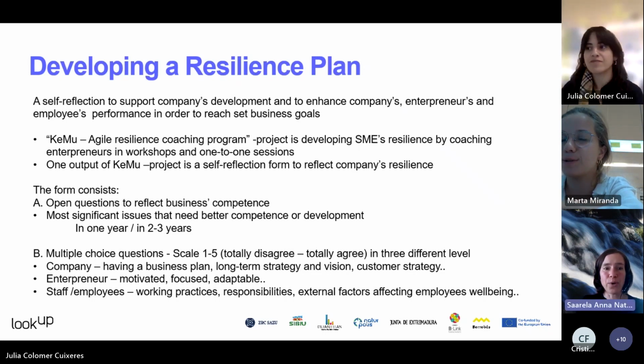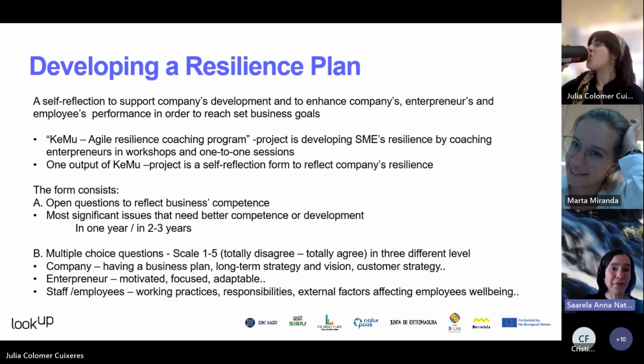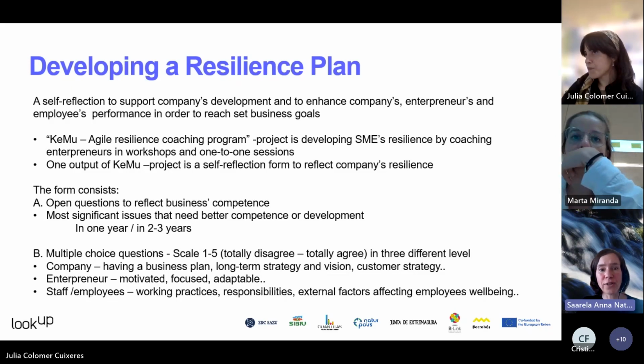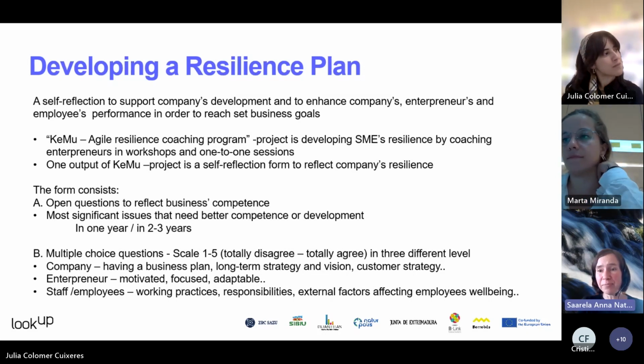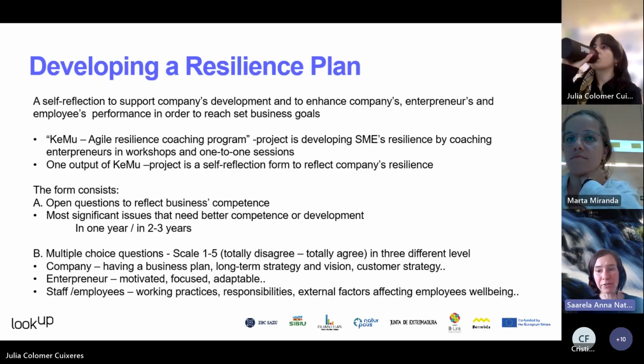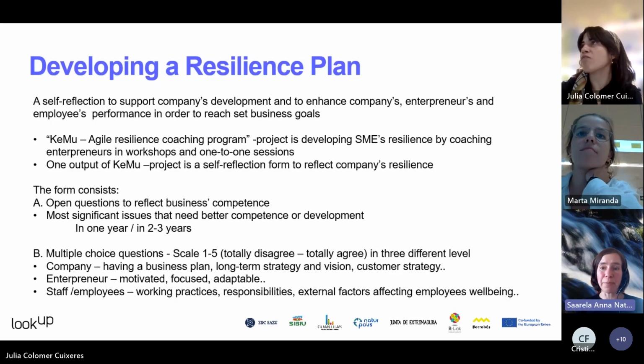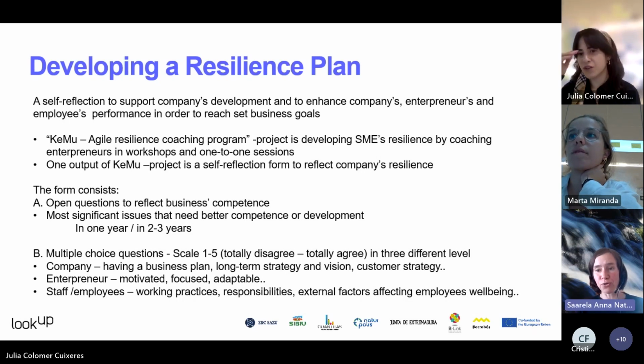So one question is to define the most significant issues that need to be more competent or that need to be developed in 1 year, so a short period of time, or a bit longer period of time, let's say 2 to 3 years. The company or the entrepreneur needs to find out those issues him or herself.